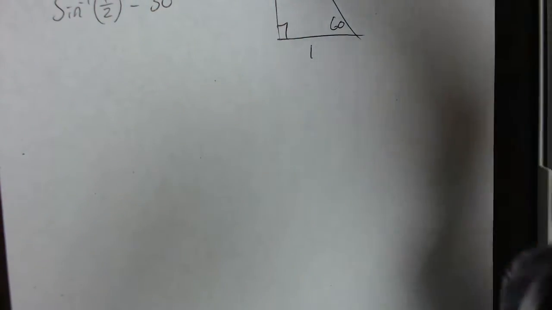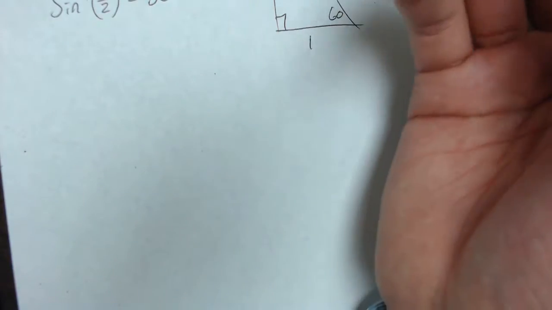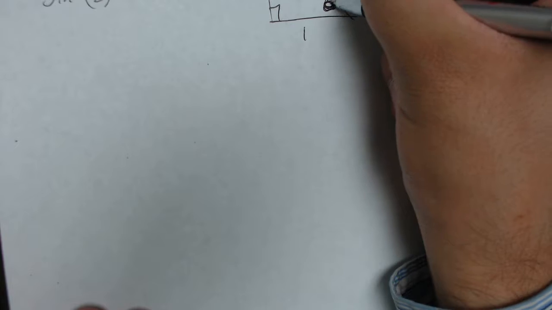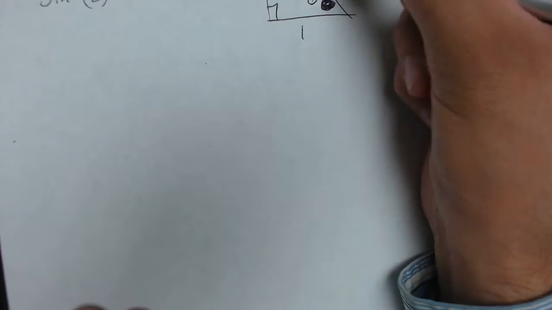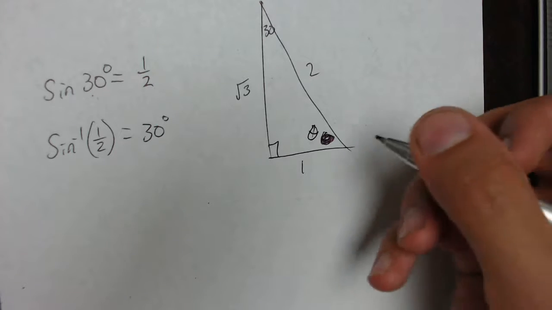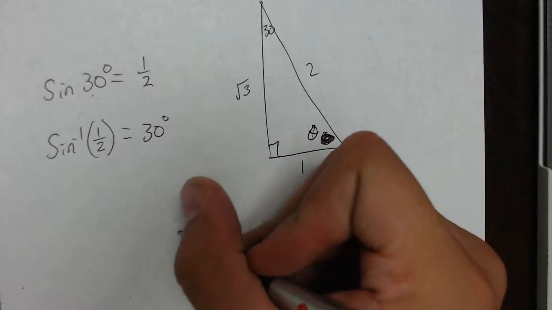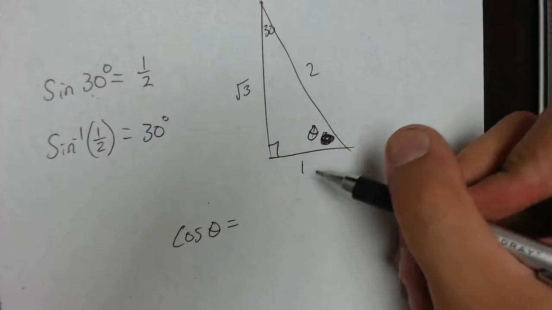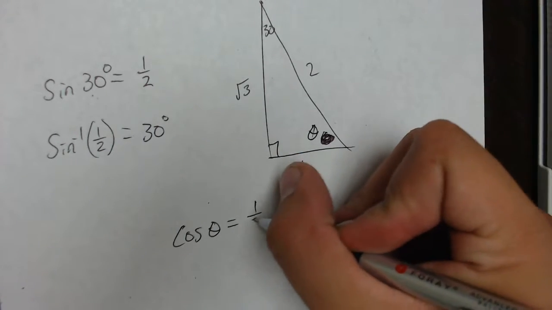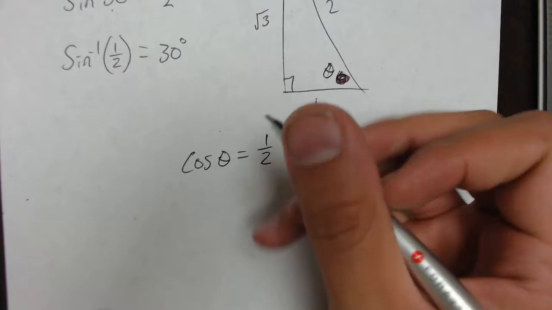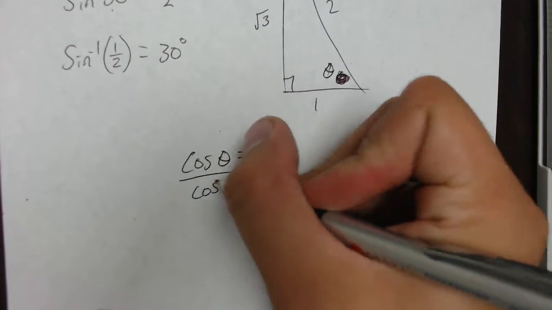Again, we've solved trigonometric problems where the theta was missing, and we would use an inverse function. For example, if we did not know what 60 degrees was, and that was a theta, we could solve this by using cosine. We could say that the cosine of theta is equal to the adjacent over the hypotenuse, right? 1 over 2. And then in this case, we would want to separate our unknown, so we could divide each side by cosine.